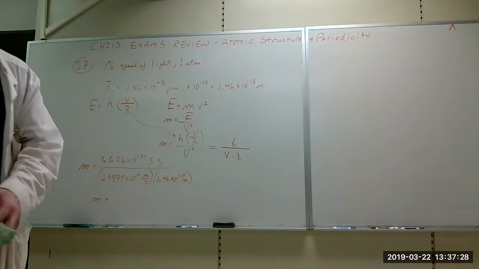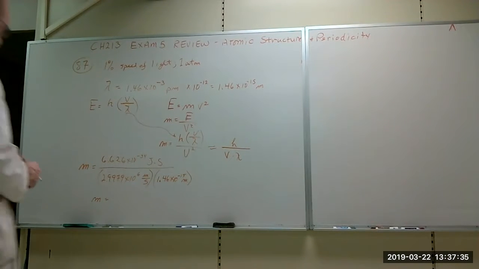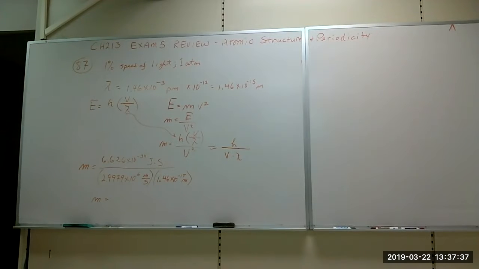So if we take that and check my calculations here: 6.626 times 10 to the minus 34, then divided by the speed, and then divided by the wavelength.